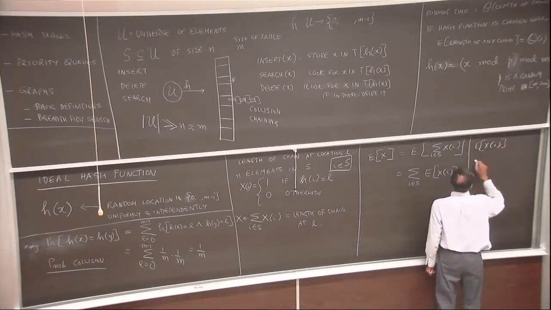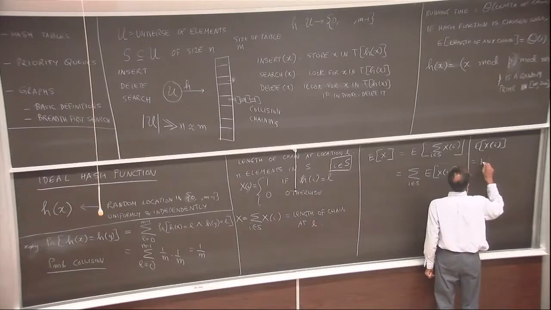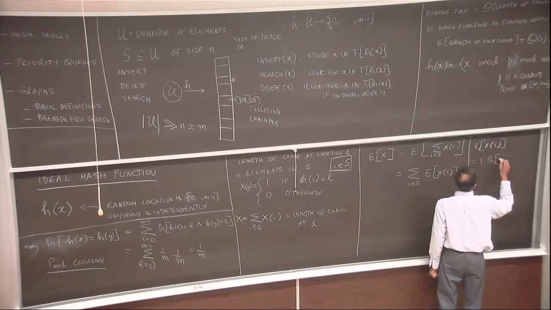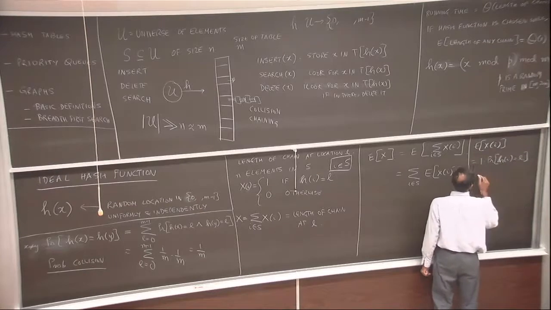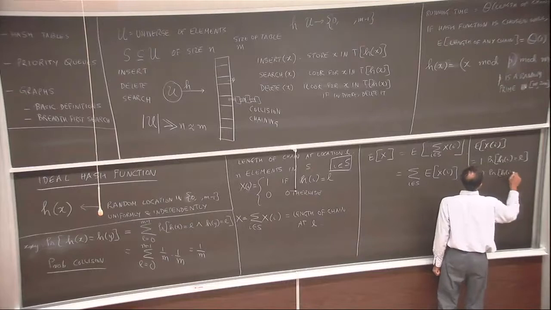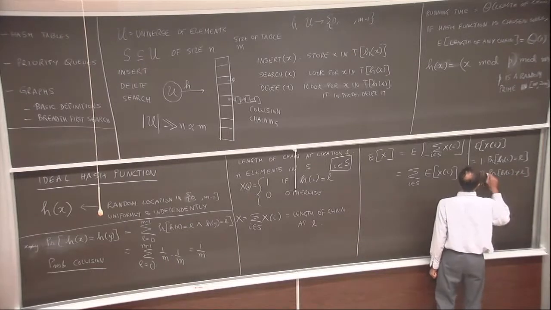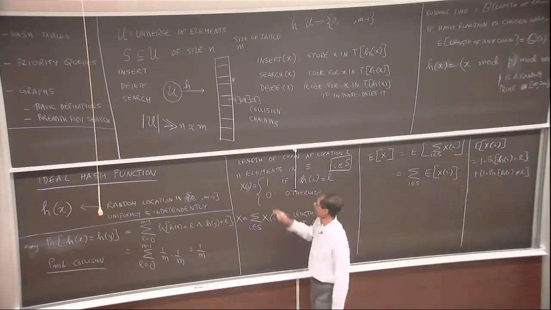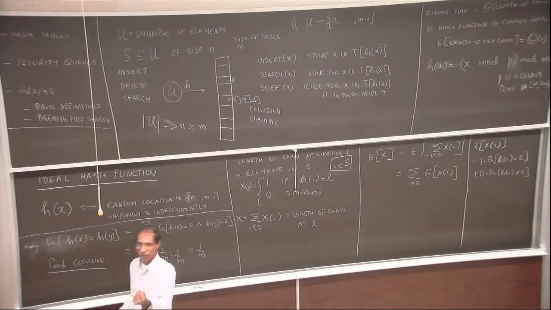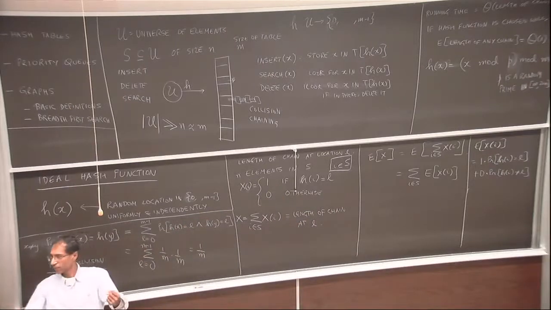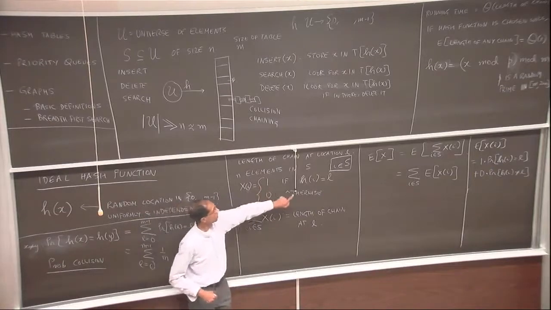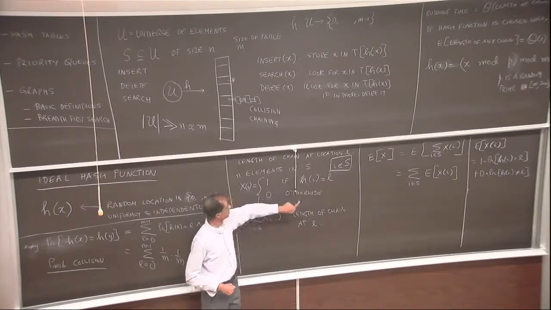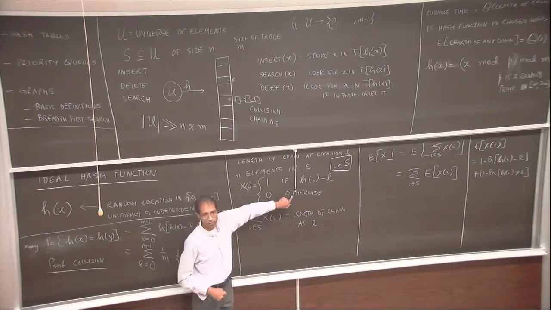The expectation of x_i is 1 times the probability that h(i) equals l, plus 0 times the probability that h(i) does not equal l. The expectation of a variable is the value it can take multiplied by the probability it can take that value.